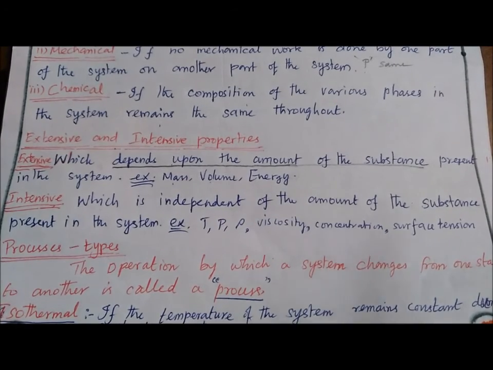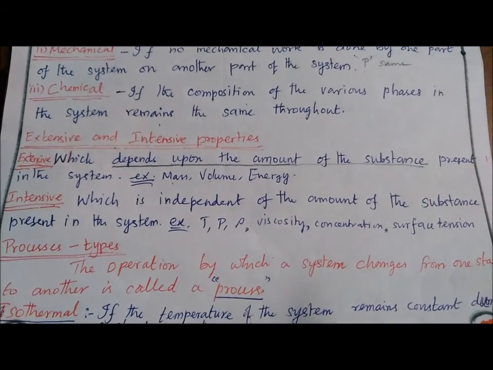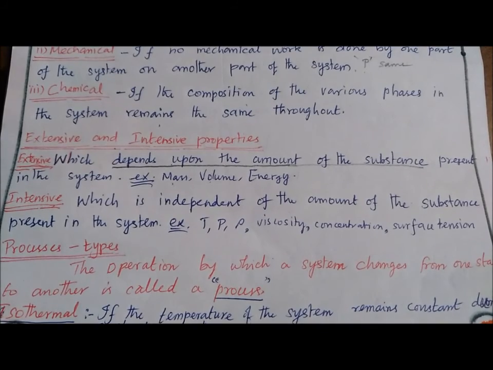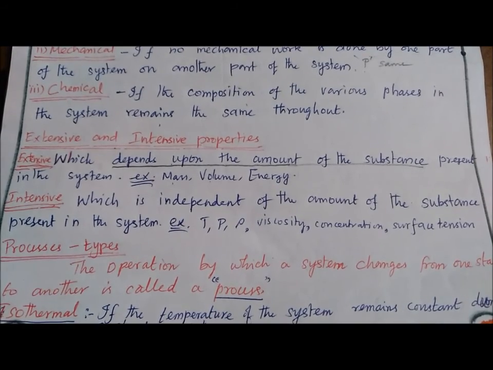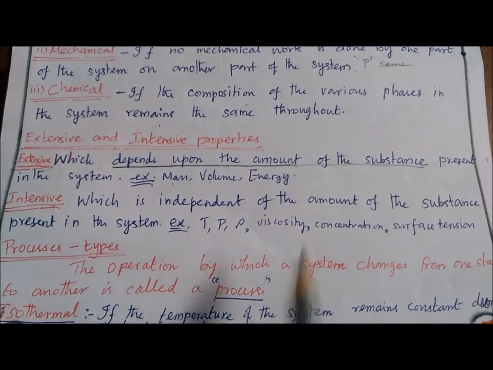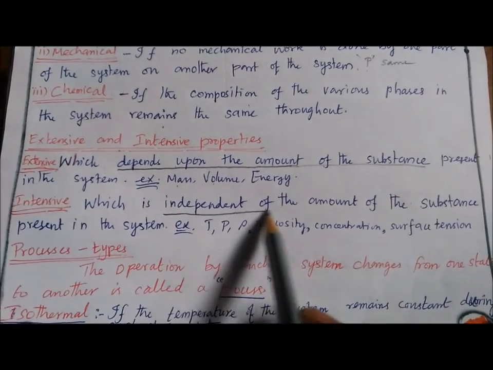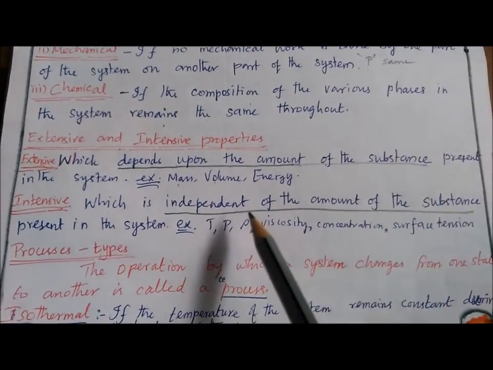If I have 1000 ml of water, its boiling point will be the same 100 degrees Celsius. If we have 10,000 ml of pure water, one full barrel of pure water, its boiling point will also be the same. It does not depend upon the amount of the substance. It is independent of the amount of the substance.